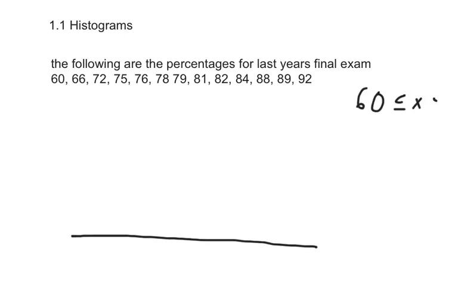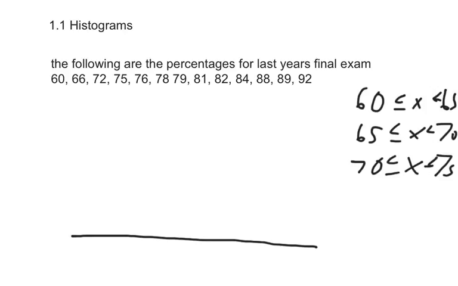So if the score is in between 60 and 65, we'll include 60 but not 65. In other words, the boundary does not include the upper end number. So we got 70.